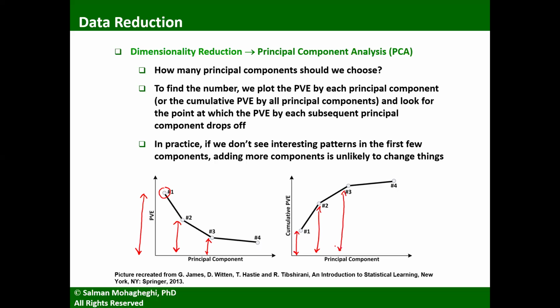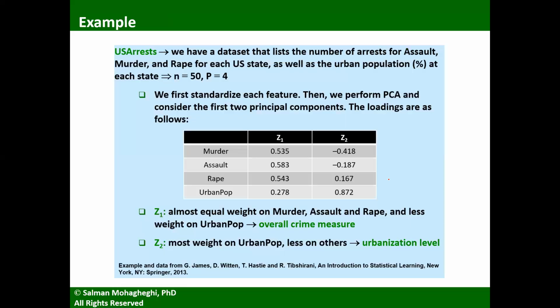When I add also four, the amount of variance explained goes from this value to a slightly higher value. That basically tells you that you're not gaining much by including principal component number four. So in this hypothetical example, just choosing three principal components would be sufficient.